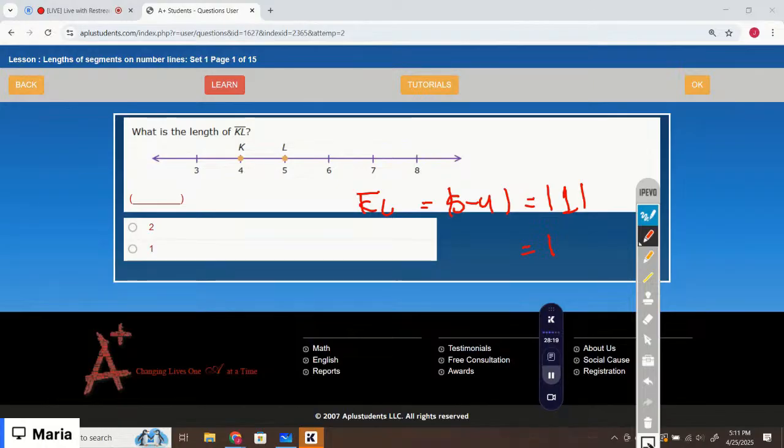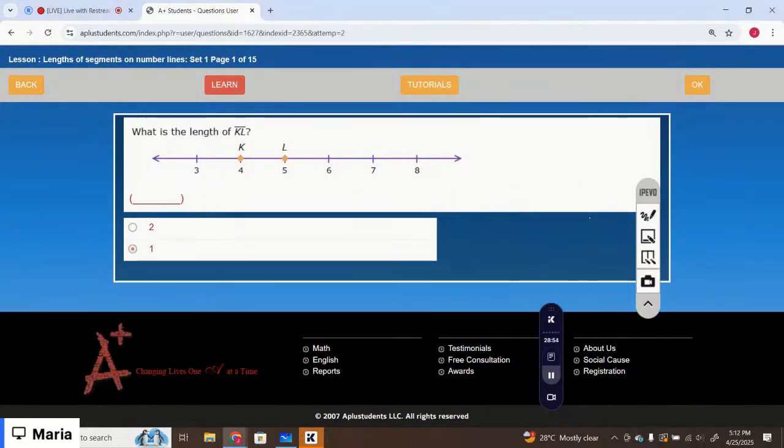The distance is always a positive value. Option number 2 is the correct option.